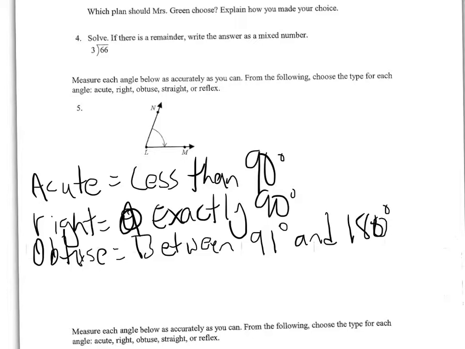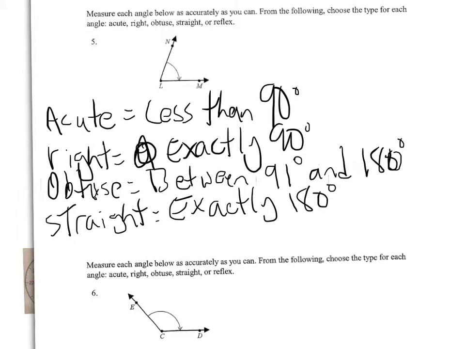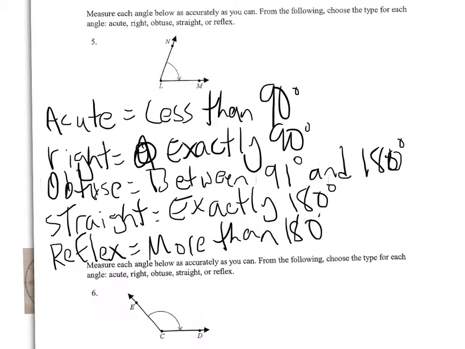A straight angle, you might want to write this stuff down because this is important to know, equals exactly 180 degrees. And the last one, reflex, is more than 180 degrees.